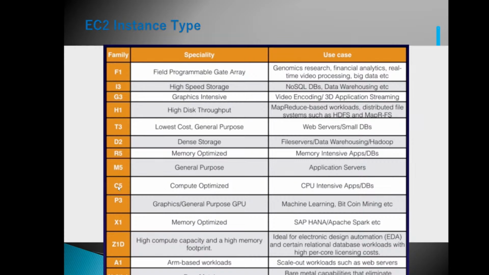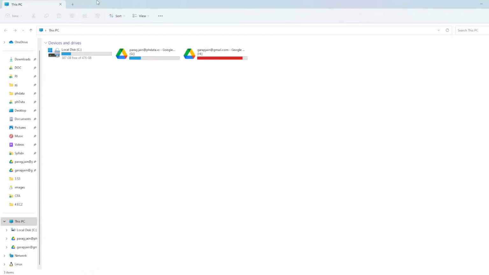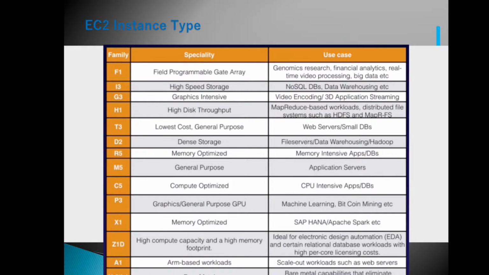These are the initials. Then the next is the generation. So basically, first generation, second generation, third generation. Each year some machines will be upgraded by Amazon, and their generation will be added. We are not bothered about the generation, to be fair.